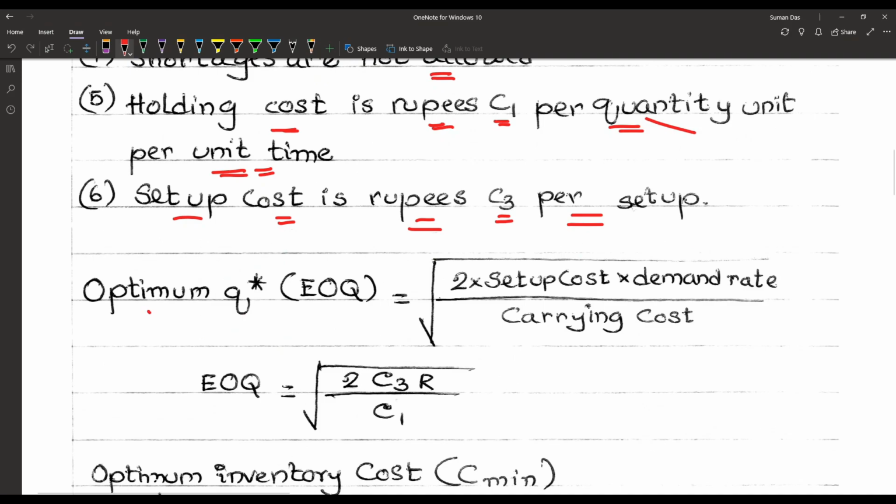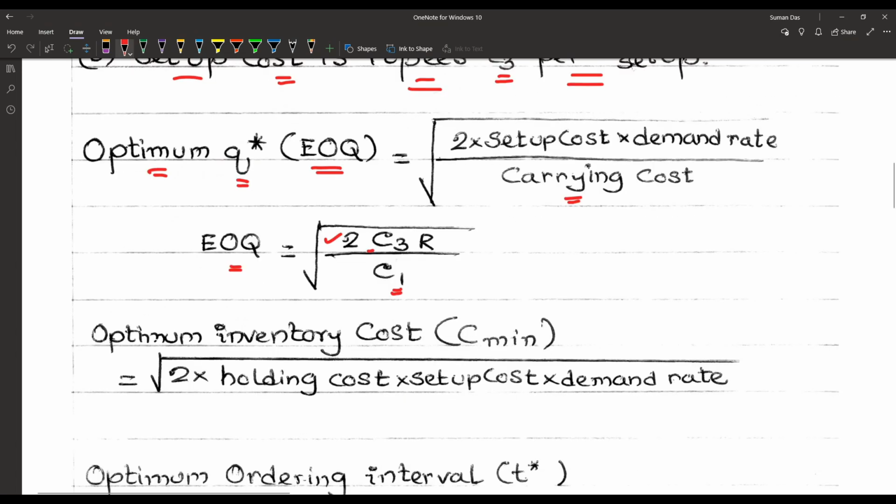So what is the formula here? The optimum Q star, that is our EOQ, is equal to the square root of 2 times setup cost times demand rate upon the carrying cost. That means EOQ equals square root of 2C3R upon C1.